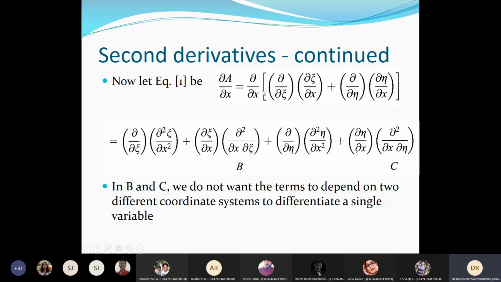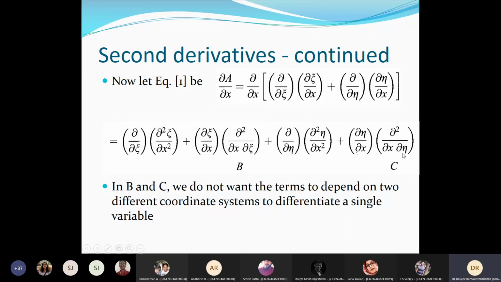When you do that and you expand these terms and collect terms, instead of simplifying this, you will get more complications. ∂/∂ζ into ∂²ζ/∂x² plus ∂η/∂x into ∂²/∂x∂η, plus ∂/∂ζ into ∂²η/∂x² plus ∂η/∂x into ∂²/∂x∂η.